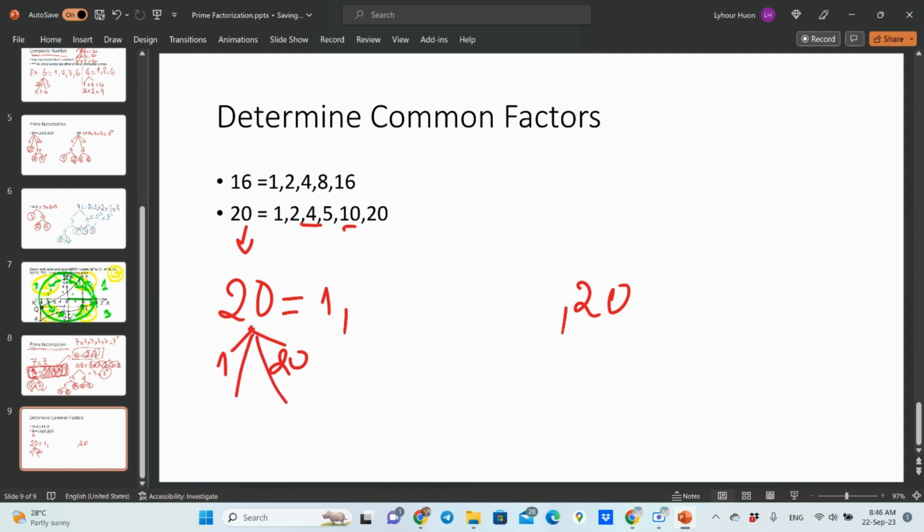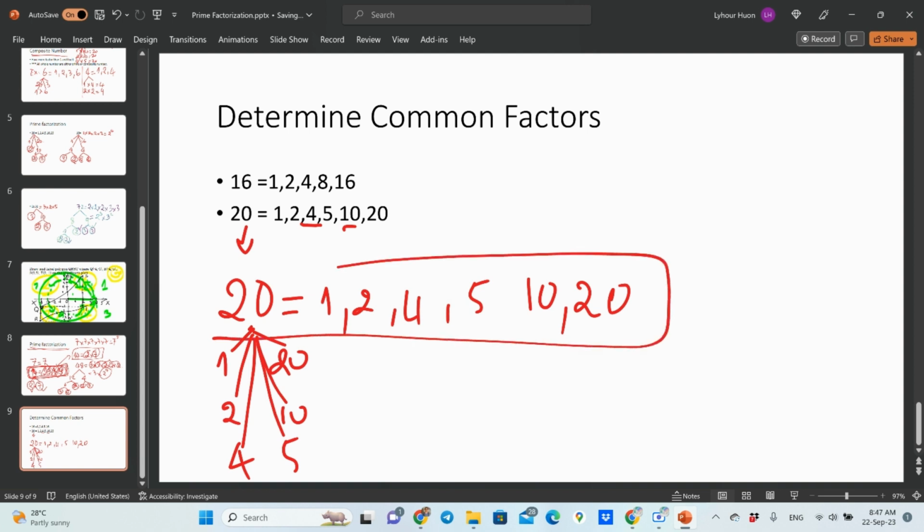Second pair will be 10, 2. So 2 and 10, you can put it here. Third pair, 4 and 5. And that's all. So you will never miss any number here.